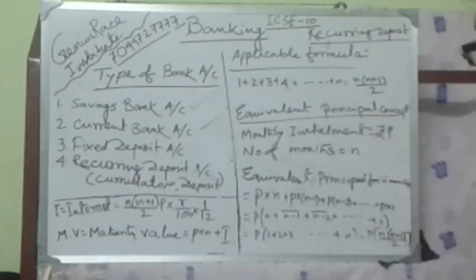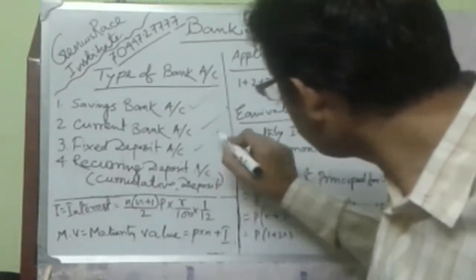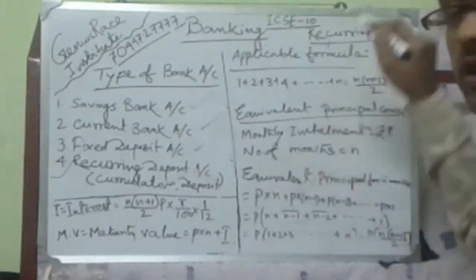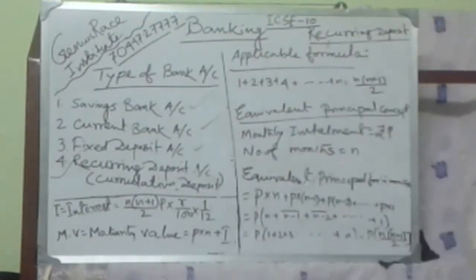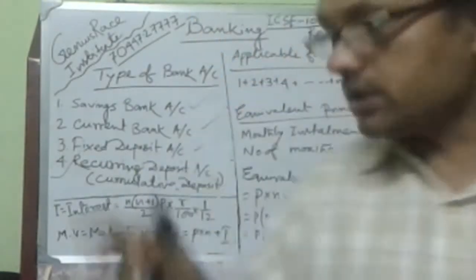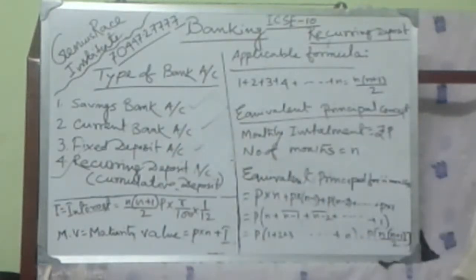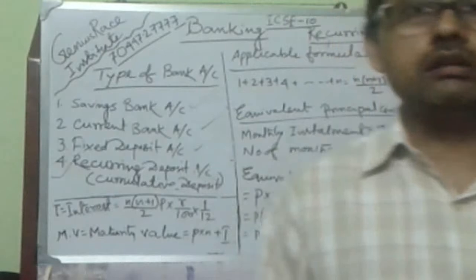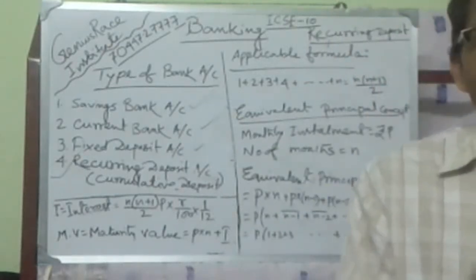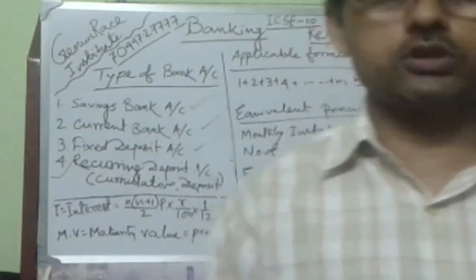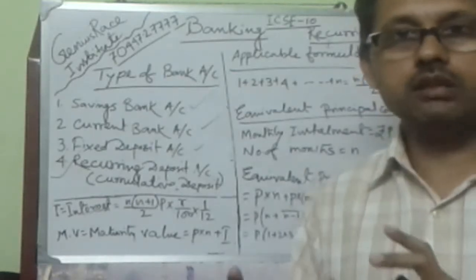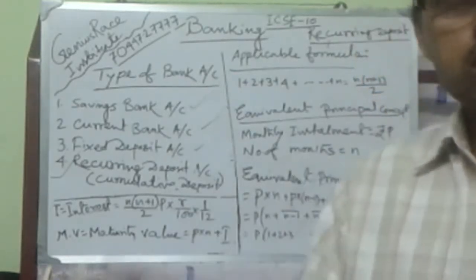Now coming to the recurring deposit account. This is the main chapter we are going to deal with, the main concept. What is a recurring deposit? This is mainly built for small investors or small depositors who cannot afford a big amount of money, especially students or poor people.